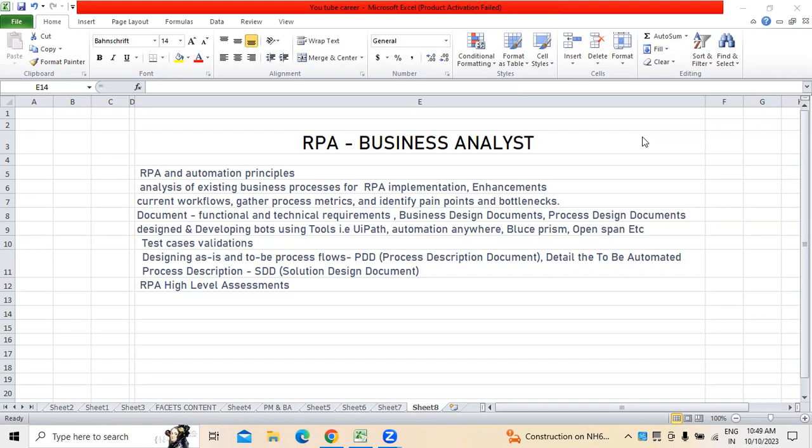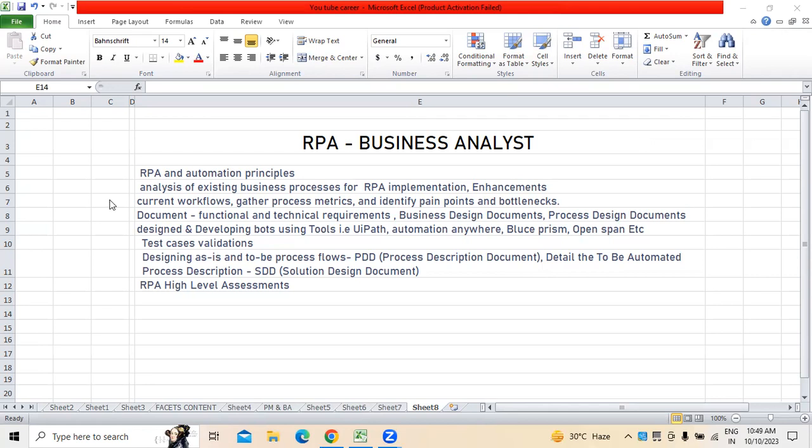In robotic process automation, we have different software bots that can be created, and we can even record. Wherever it is needed, that can be automated and used accordingly. This is what generally RPA is all about. So if you are a business analyst in reference to RPA, as I told you, regular BA responsibilities are anyway common.